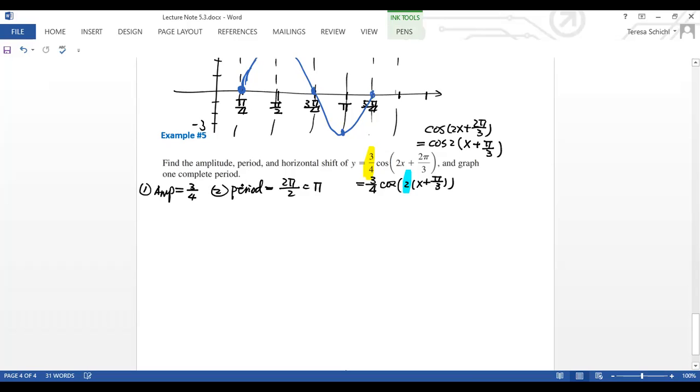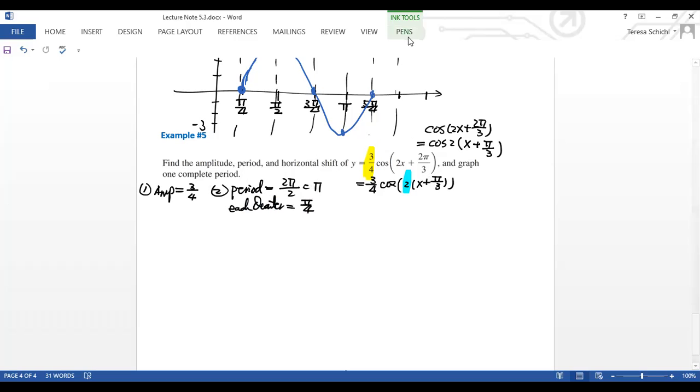If it is equal to pi, then each quarter is going to be pi over 4 here, right? So each quarter is going to be pi over 4.